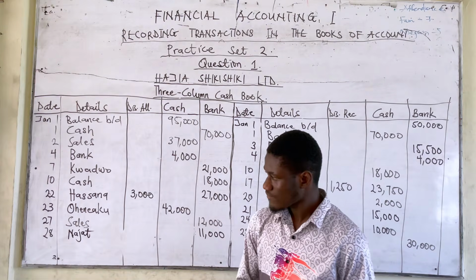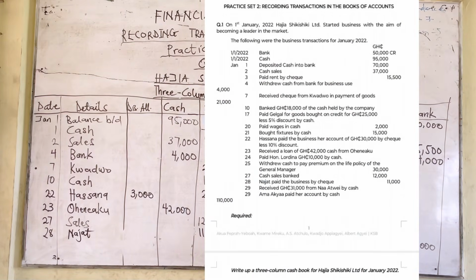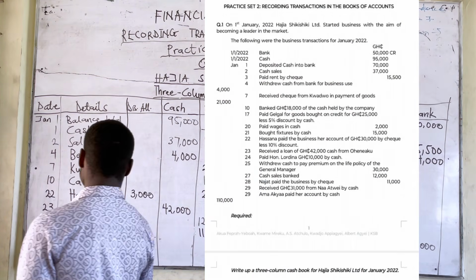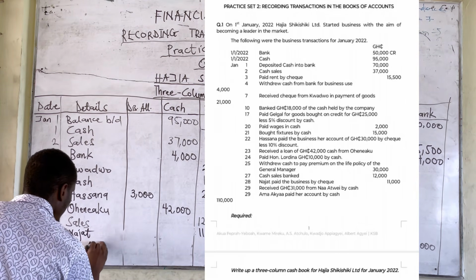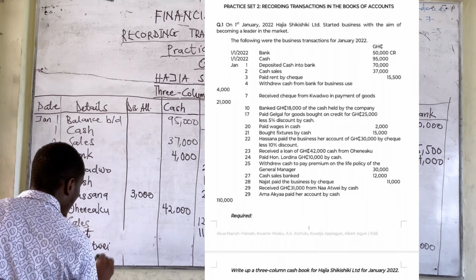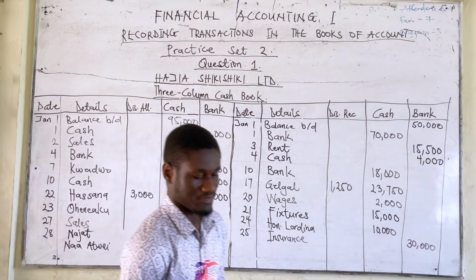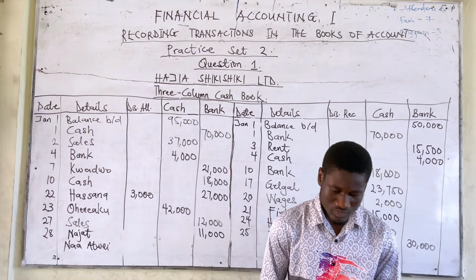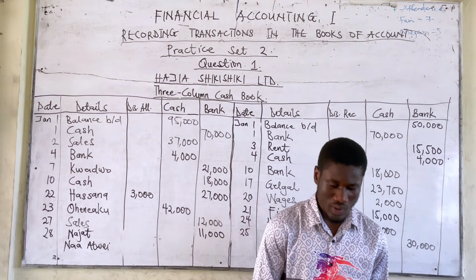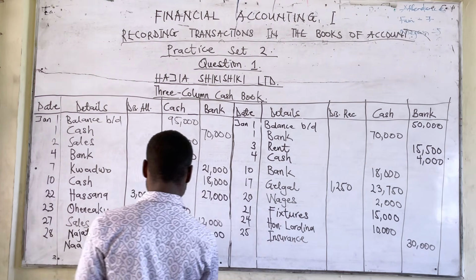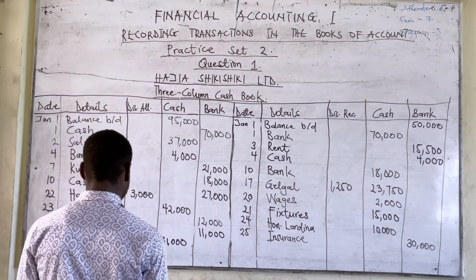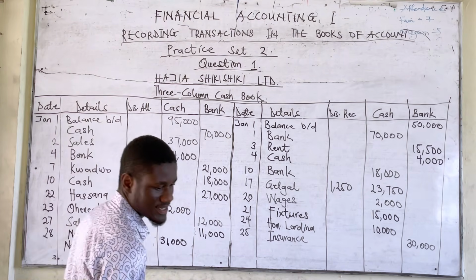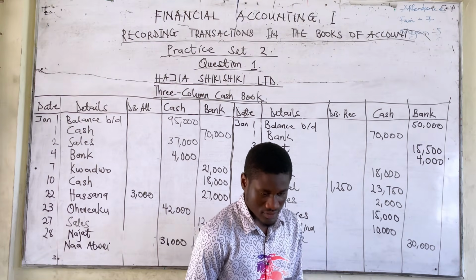So now here we are going to debit. Okay. So the amount involved here is 31,000. Yes, and the date is 29.